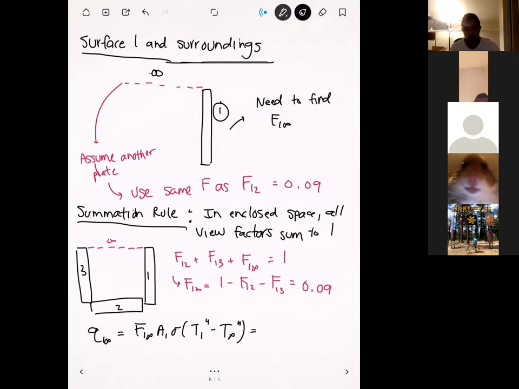And so Q1 infinity, or the heat transfer between surface 1 and the surroundings, is equal to F1 infinity A1 sigma times T1 to the 4th minus T infinity to the 4th. Okay, and so you plug in all the numbers for this, and what you get is 30.83 watts.